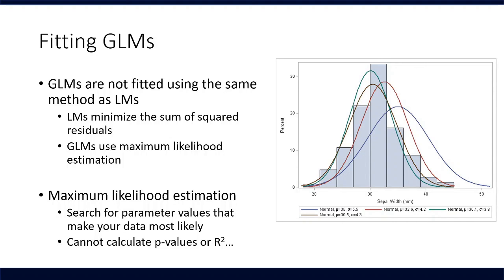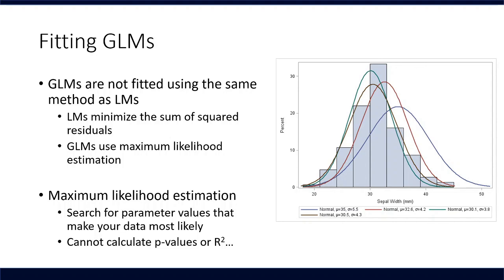That's all we're going to get into maximum likelihood estimation, but the implication of this is that in a linear model, p-values and r-squared values, these other important things, all depend on assuming normality and that sum of squared residuals approach and some of these other assumptions. Once you depart from that and you've moved into a generalized linear model with maximum likelihood estimation, you can't actually calculate p-values and r-squared values in the same way.